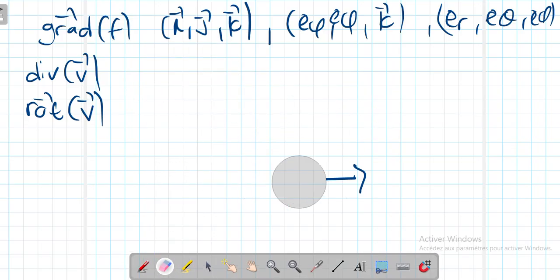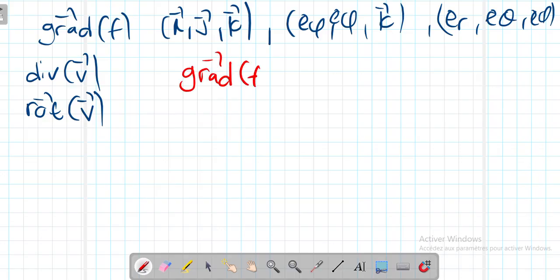With the gradient, you have a function which is a scalar. These are the most important things to know. The gradient has an arrow on top, which means it is a vector, so it has magnitude and direction.